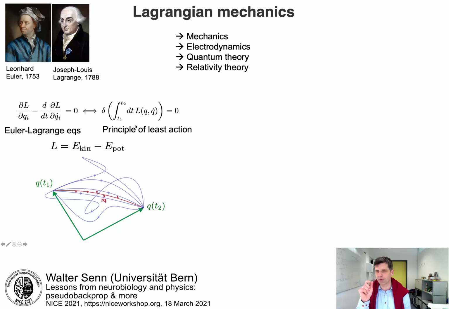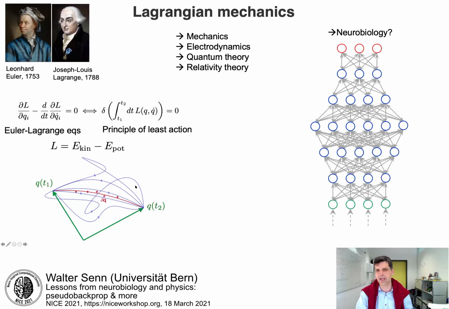So basically, this is a condition on what should happen on a local scale to satisfy this least action on a global scale. And they find, starting with this form of Lagrangian, the local dynamics, as I was showing you, and this applies to many other disciplines. And now the question is, in neurobiology, how do we do that?